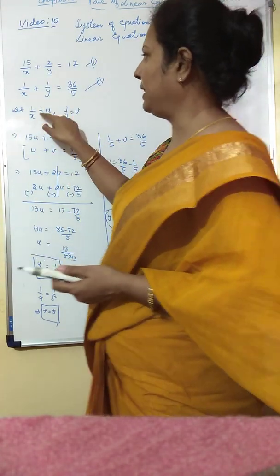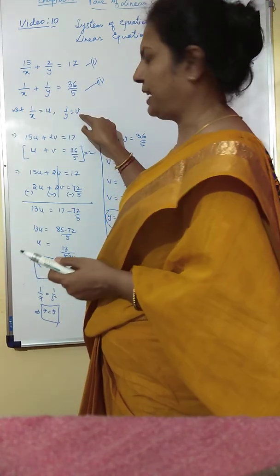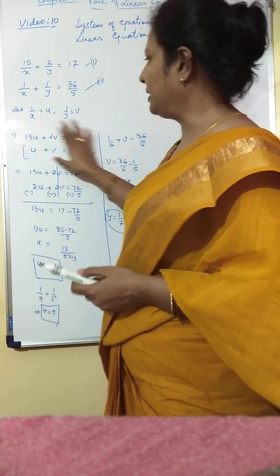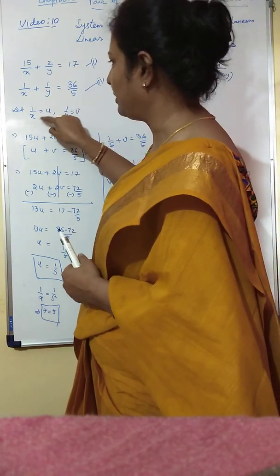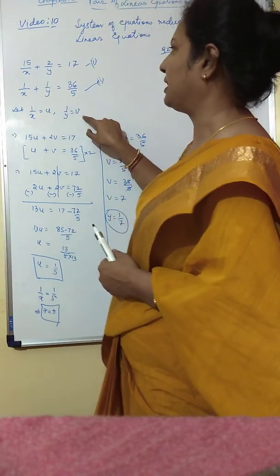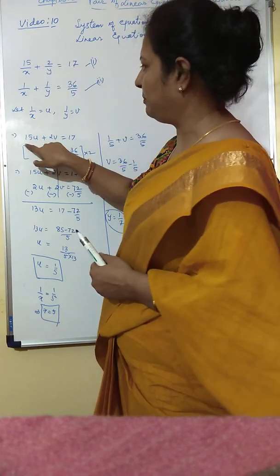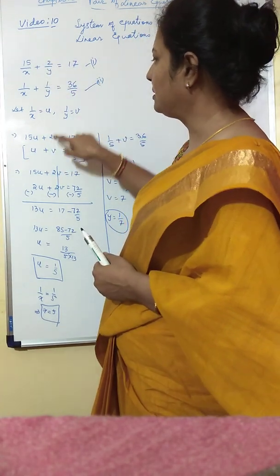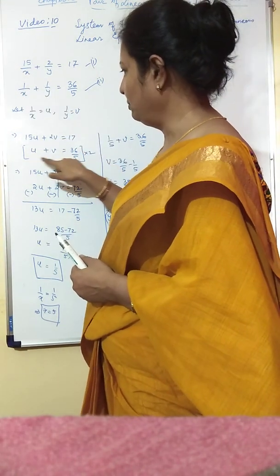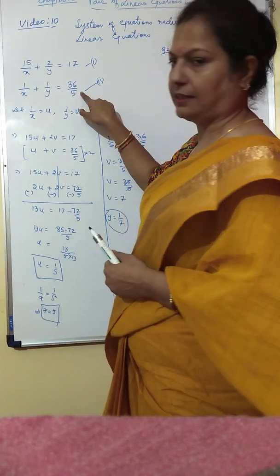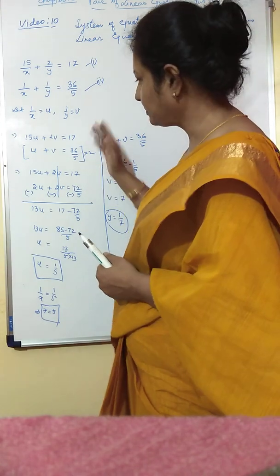So we take 1 by x as u and 1 by y as v and then we form the new equation. Now see what happens. When I replace 1 by x with u and 1 by y with v, this equation becomes 15u plus 2v is equal to 17 and this will be u plus v is equal to 36 by 5.